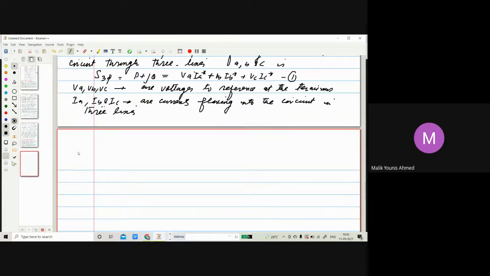Next, a neutral connection may or may not be present. So we are not worried about the neutral connection; it is not required.